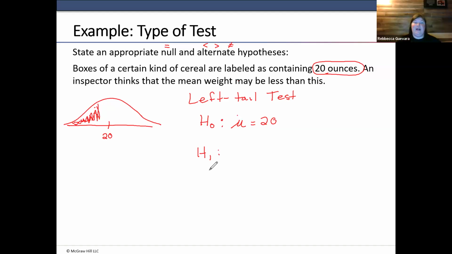The alternative hypothesis is that something has changed. It's not what has been stated. And here, the inspector thinks the mean weight is going to be less than 20. So if I collect several boxes of cereal and I find their mean, it should be less than 20. So that's why it is your left tail test. You're looking for that less than aspect.